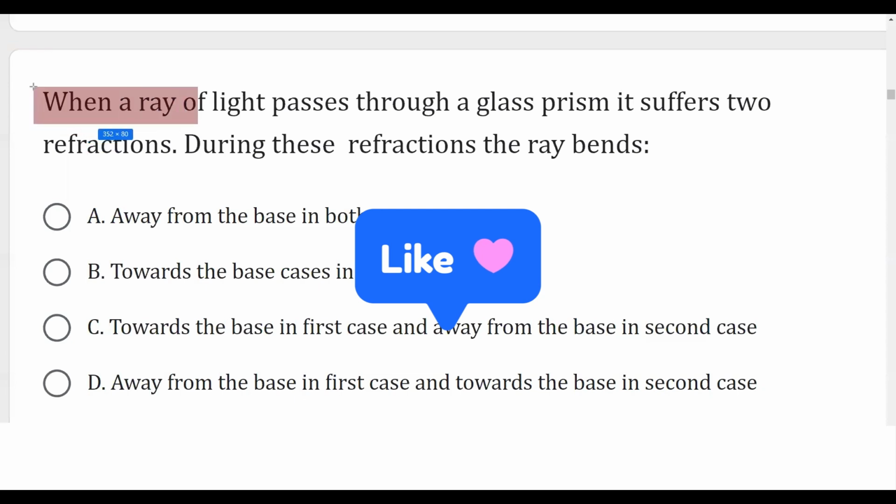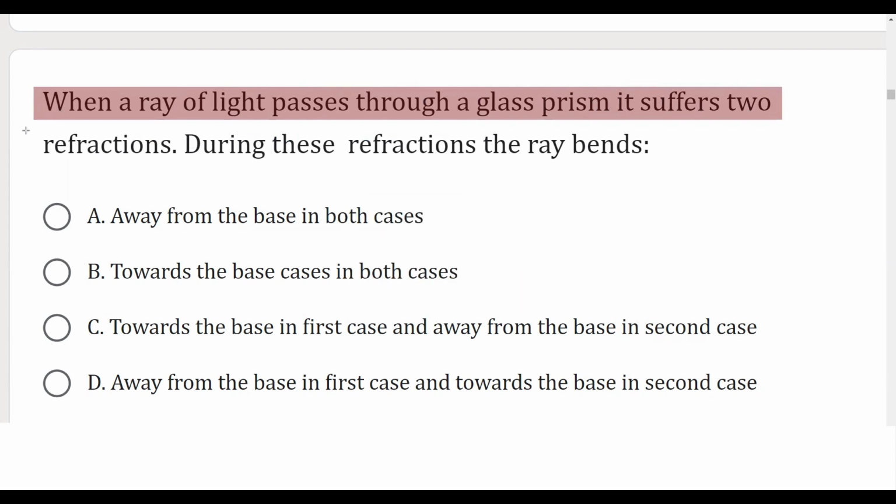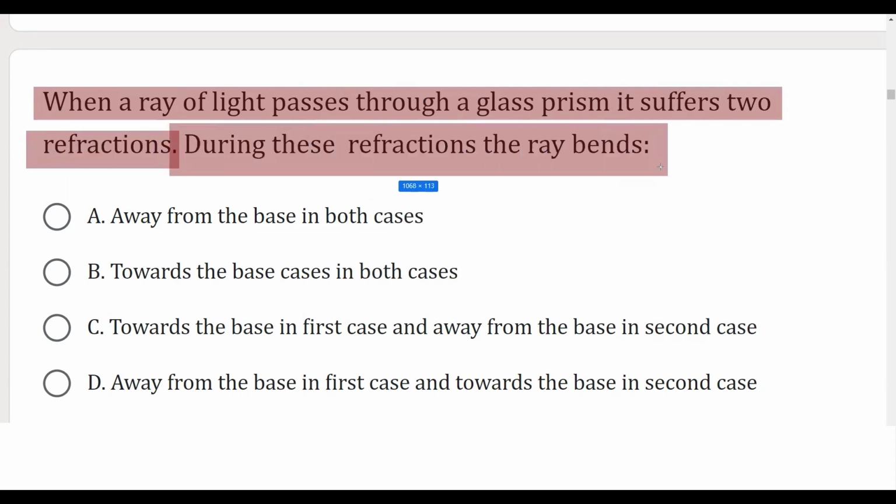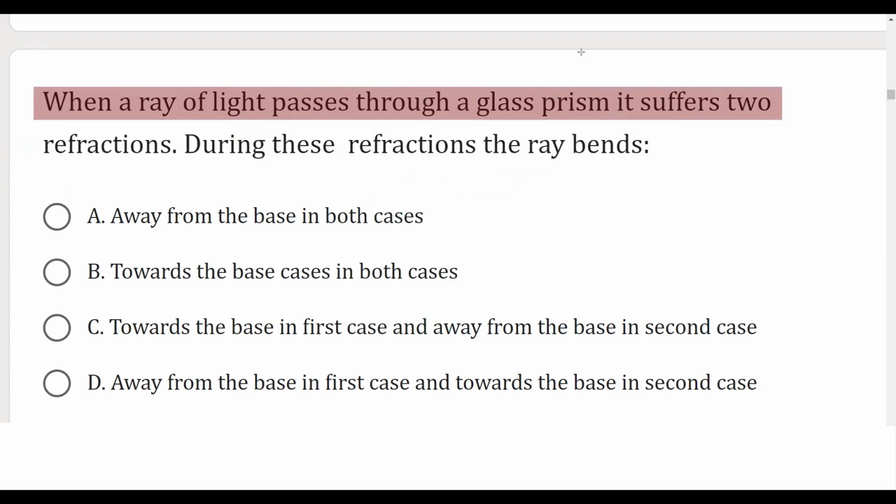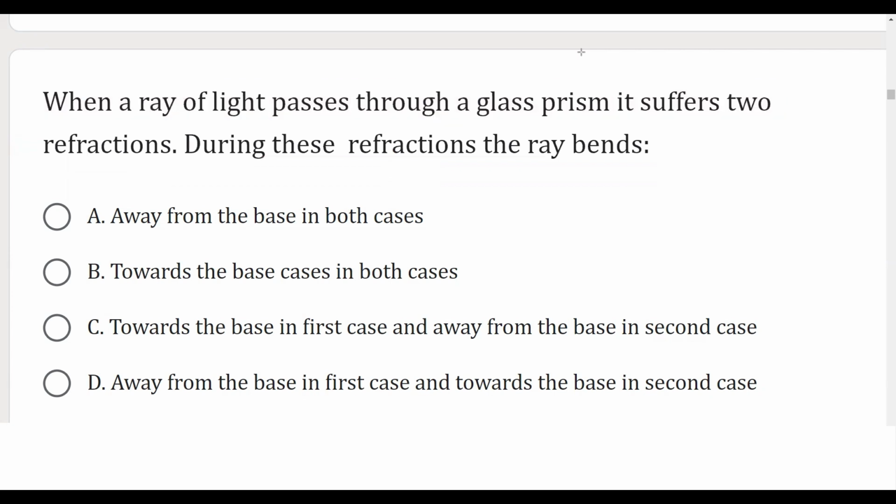In the next question, it says when a ray of light passes through a glass prism, it suffers two refractions. During these refractions, the ray bends. So before reading the options, I prefer to make the diagram. Let's say I make a lens. Sorry, it's not a lens, it's a glass prism.